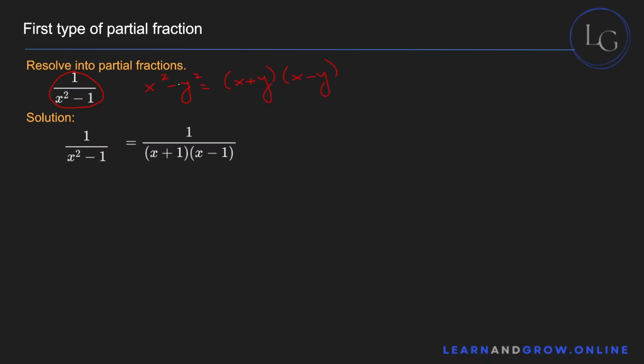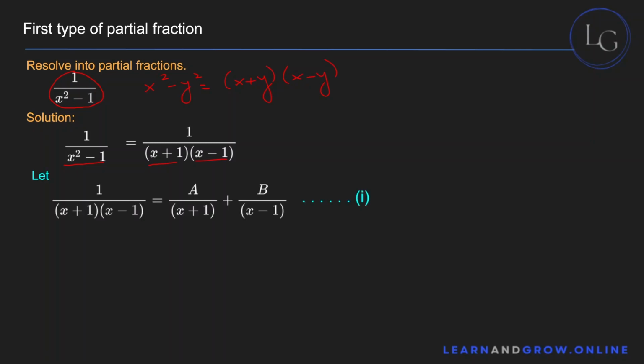We'll apply the same logic over here in the denominator, x squared minus 1 squared, obviously, because any power of 1 will give you 1 as a result. So x squared minus 1 becomes x plus 1, x minus 1.